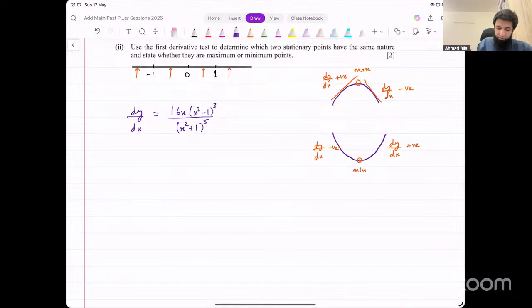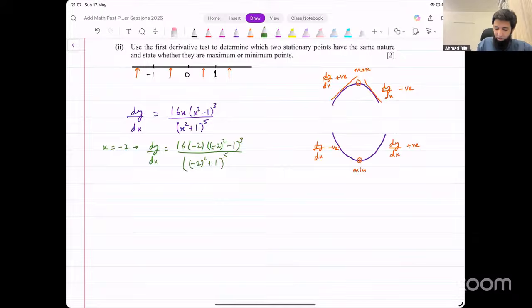What can we input? On the left side, we could try -2, for instance. Let's see what happens at -2. If we input x equals -2, what does the derivative turn out to be? 16 into -2 into ((-2) squared minus 1) whole cube divided by ((-2) squared plus 1) whole raised to power 5.